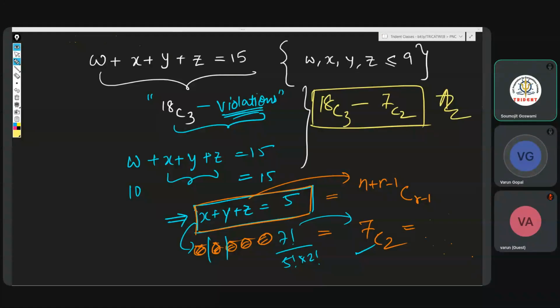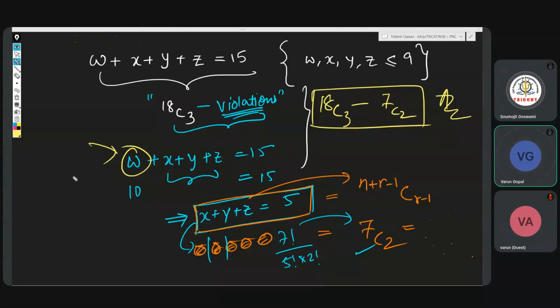If it is 11, 12, 13, these are just different cases, different permutations. I'm taking the least number that violates, and everything else is a violation. Did you understand the logic that I am saying? Otherwise you just sit and put in values, and you will not get anywhere. So putting the least value gets the other violations as well.